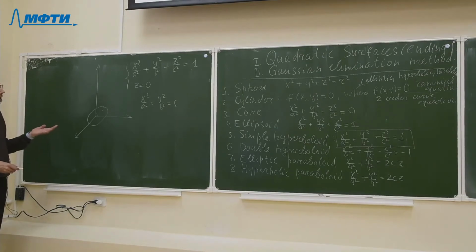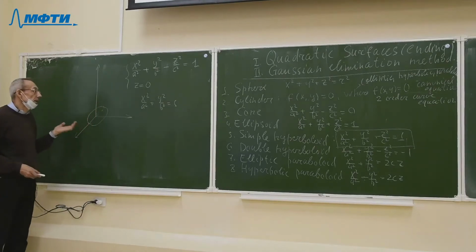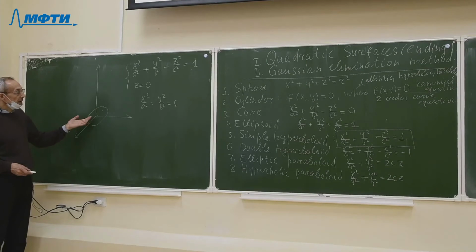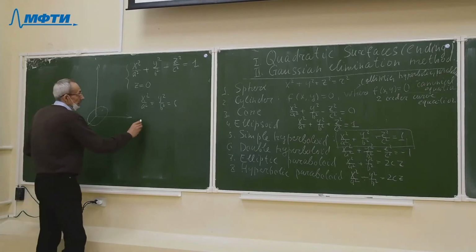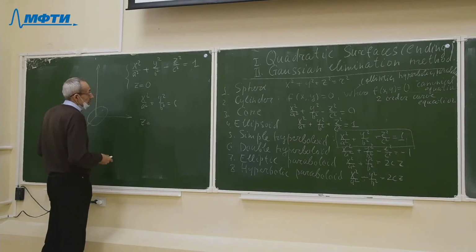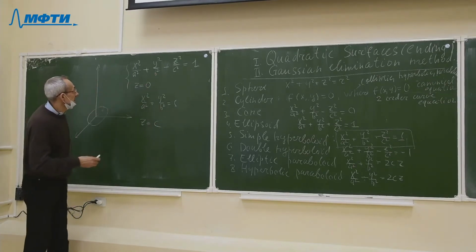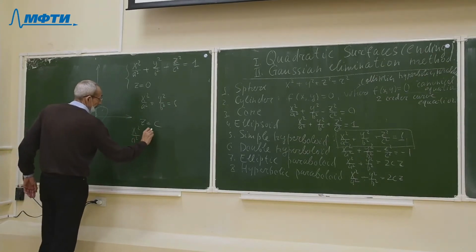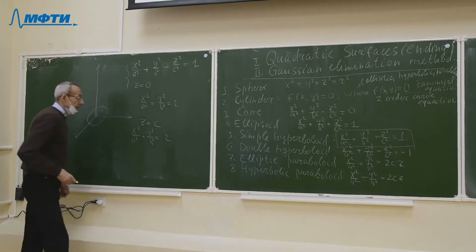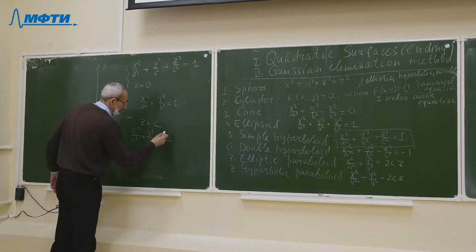If we shift the plane and consider another plane which is parallel to this coordinate plane z equals 0, for example, z equals some constant, for example, c, in this case we also obtain the equation of an ellipse, but with other parameters. We can divide by this parameter.